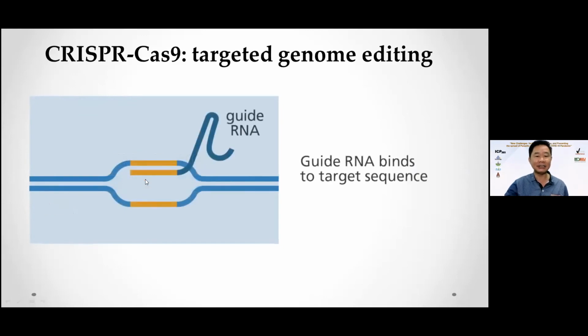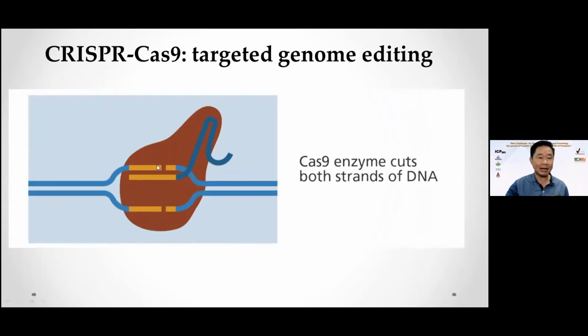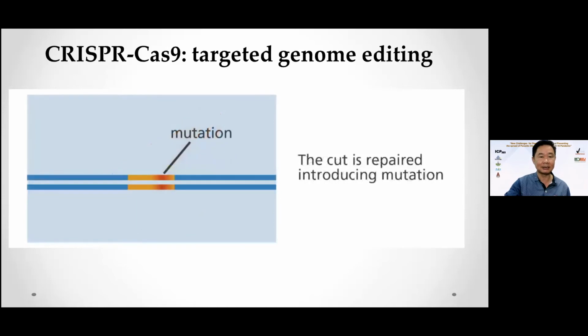The target sequence, like I told you, is only 20 nucleotides, but has to be flanked by PAM. Then we introduce this into the worm, and Cas9 will work with the guide RNA. The guide RNA will cut both strands of the target and then make a mutation.